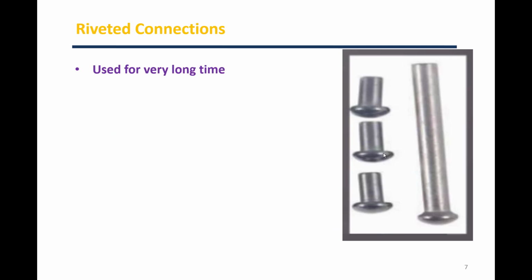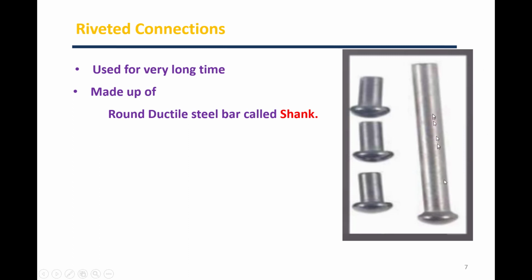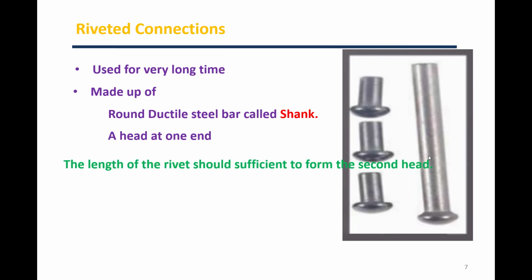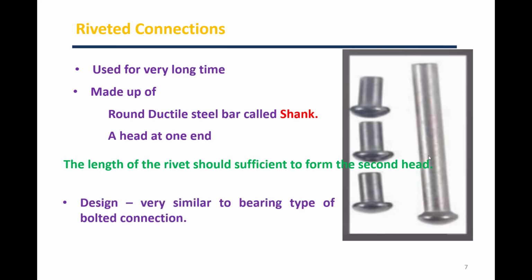Riveted connections have been used for a very long time. The rivet is made of a round ductile steel bar called the shank, with a head at one end, and the length of the rivet should be sufficient to form the second head. The design is very similar to bearing type of bolted connections.